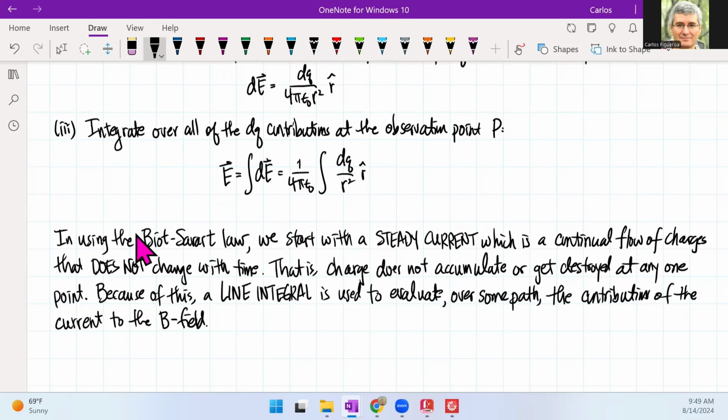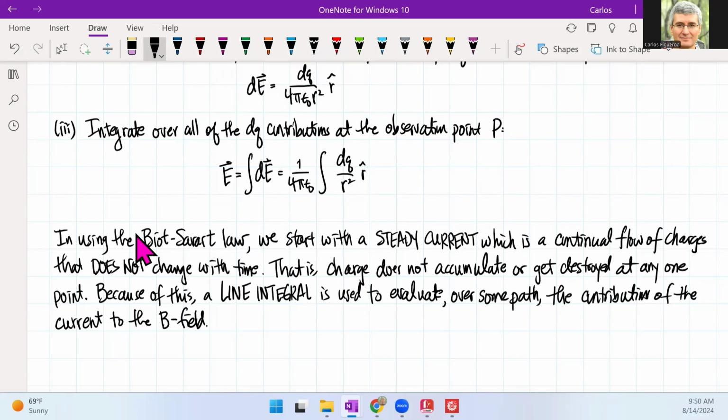So that whole statement was about the line integral. Note that when we talked about electric fields, we dealt with fluxes through a surface. Therefore, we had an area integral.